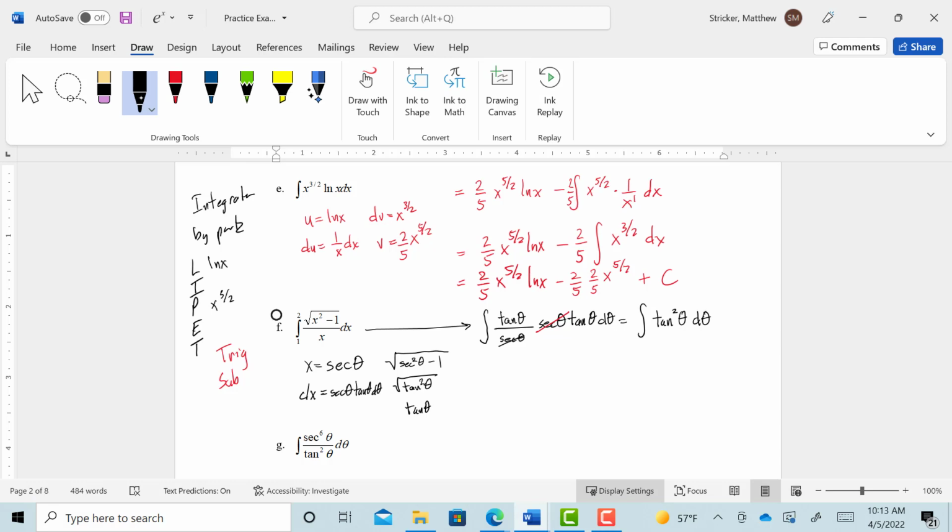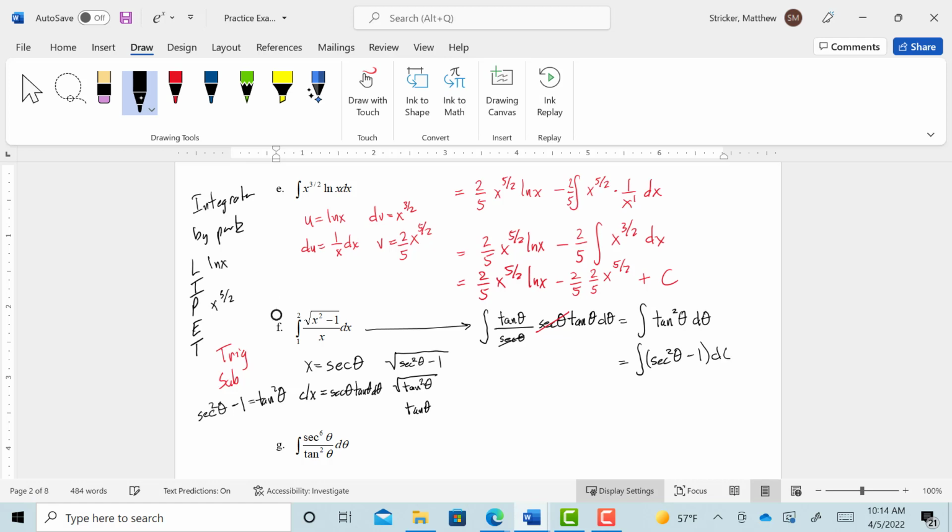It's not necessarily obvious right away, but remember, when we were simplifying the square root, we used the fact that secant squared theta minus 1 is equal to tangent squared theta. So this is the same as the integral of secant squared theta minus 1.